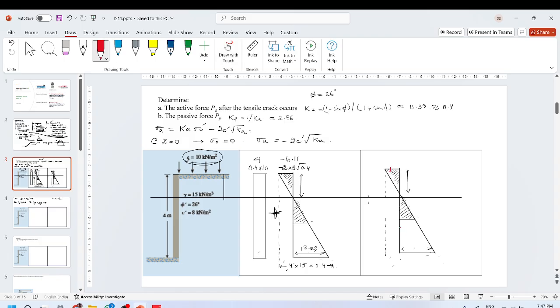We have increased this. Something like this. Bottom adding, top is reducing.